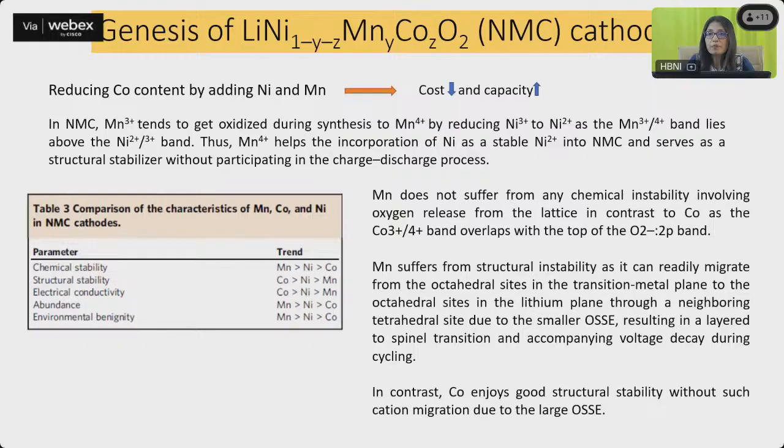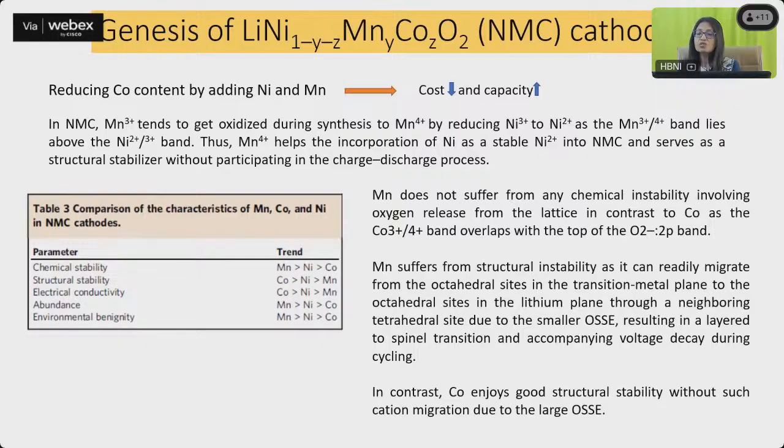And why is this going to happen? Because the manganese 3 plus/4 plus band lies above the nickel 2 plus/3 plus band. So Mn4 plus will help the incorporation of nickel as a stable Ni2 plus into NMC, and this serves as a structural stabilizer without participating in the charge discharge process. So manganese is acting as a structural stability agent in this LiNMC kind of cathode.